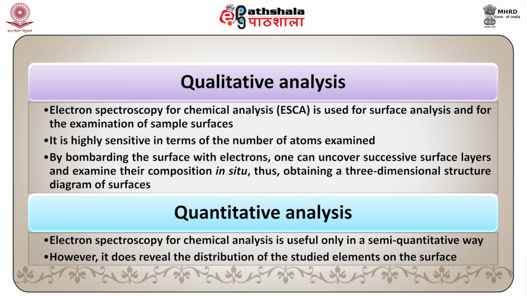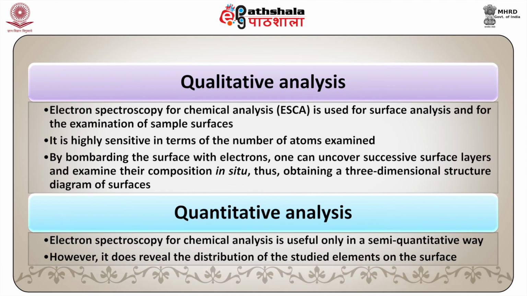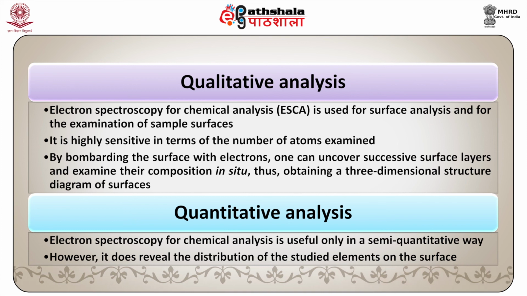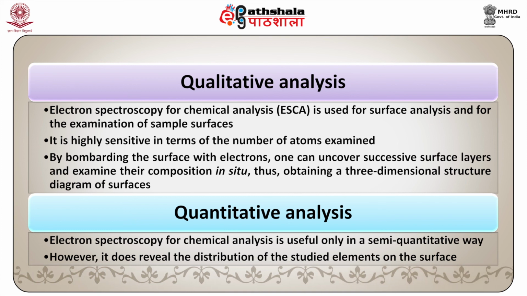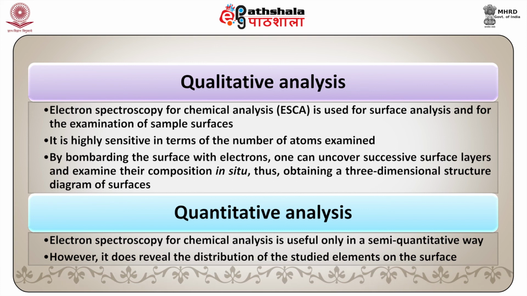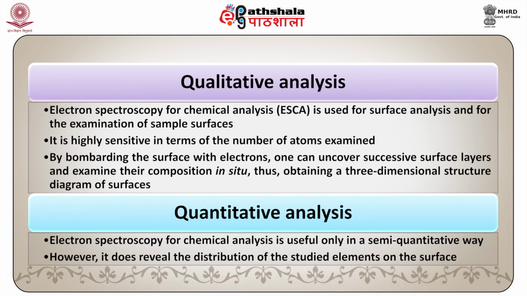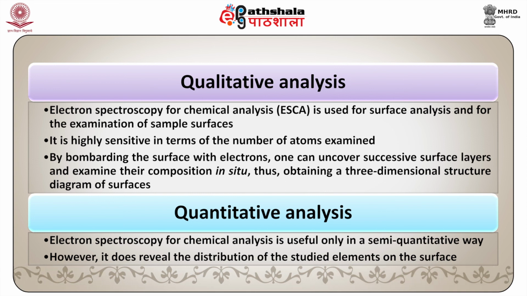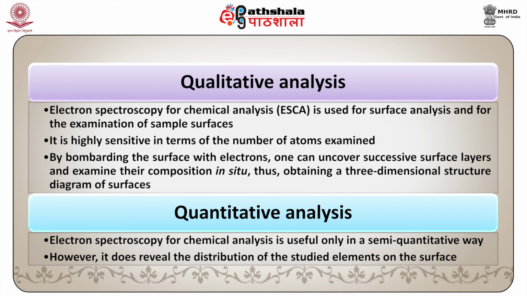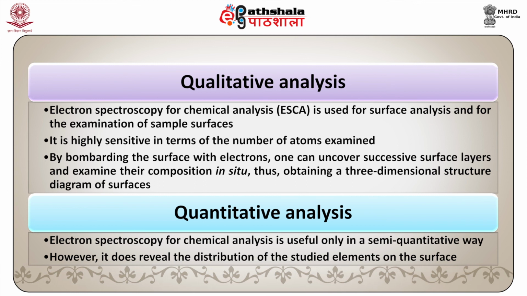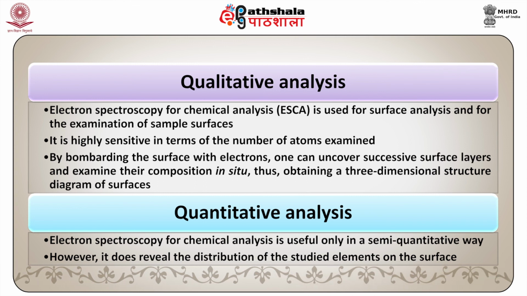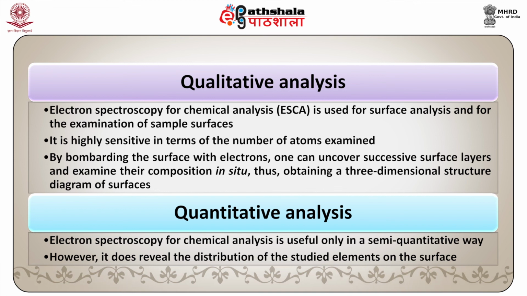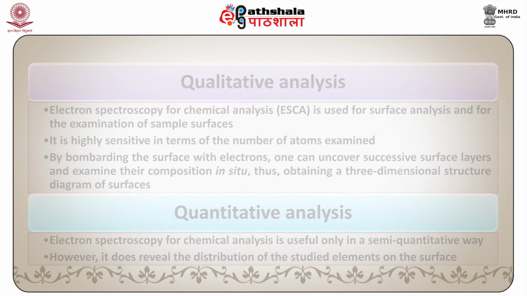By bombarding the surface with electrons, one can uncover successive surface layers and examine their composition in situ, thus obtaining a three-dimensional structure diagram of surfaces. And next is quantitative analysis. Electron spectroscopy for chemical analysis is useful only in a semi-quantitative way. However, it does not reveal the distribution of the studied elements on the surface.